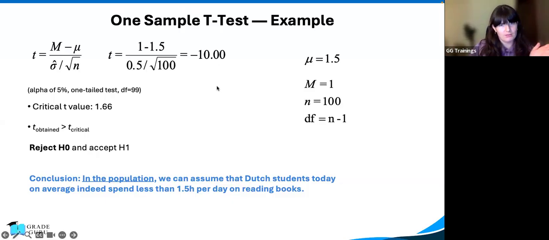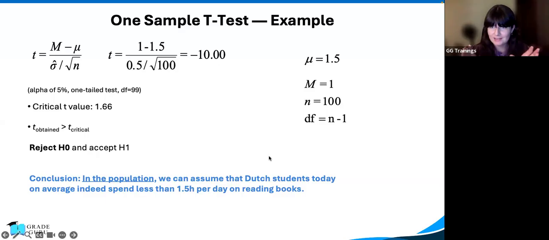Did I answer your question? Let me read the question again. What do you mean, and everything else is with the estimated standard deviation? Because for a one sample z-test, we don't estimate the standard deviation. We're given the population standard deviation. So yeah, in fact, same thing with the sampling distribution of means, because it's also z.